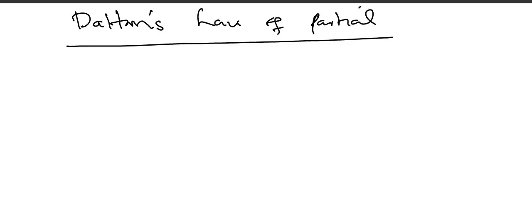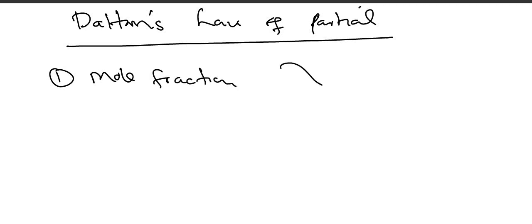So this guy came up with the assumption that there is what we call mole fraction. Mole fraction is just the number of moles of any gas divided by the total number of moles in the vessel where that gas is found.